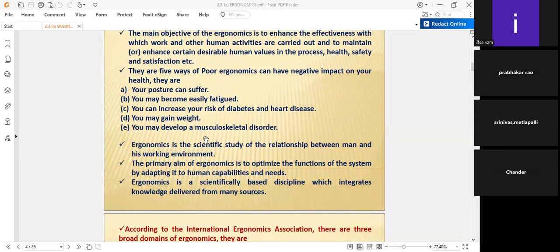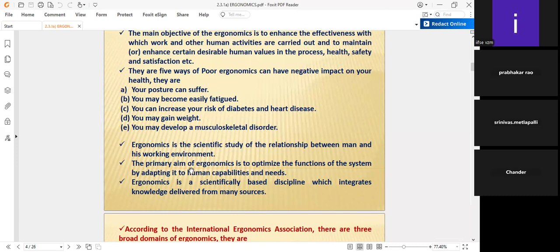Ergonomics is also, as I told, the scientific relation between the man and the work environment. The primary aim of ergonomics is to optimize the functions of the system, adapting to human capabilities and needs. Why is he telling human capabilities? Because we have to see whether the person is able to carry the load.